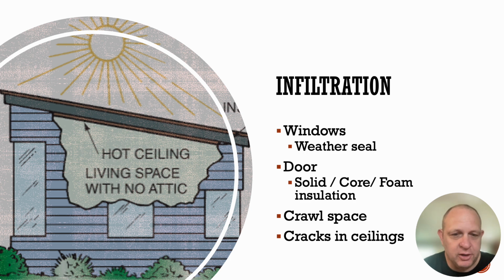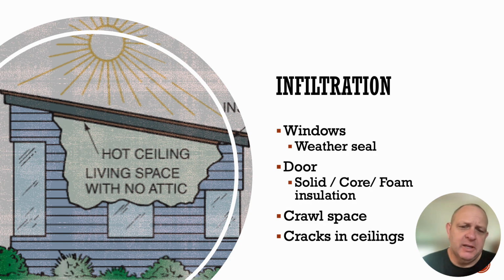Crawl spaces are a source of humidity coming into the house. So, is there a vapor barrier down in the crawl space? Are there paths for air to move into the house from the crawl space? And that's going to be a problem not only in the summertime, but also in the wintertime, as we are moving that heat out of the house by natural convection through cracks in the windows and crawl space openings that are open to the house themselves.